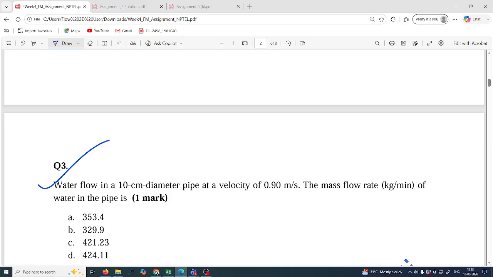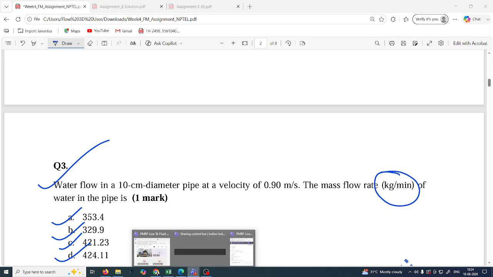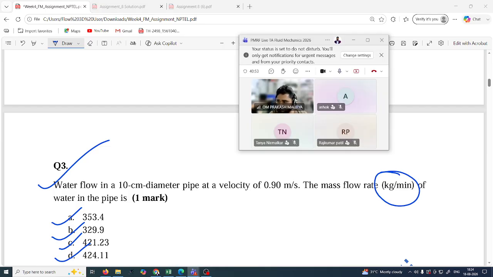The mass flow rate of water in the pipe, remember you need to calculate in kg per minute, is: option A 353.4, option B 329.9, option C 421.23, option D 424.11. So here you need to calculate the mass flow rate in kg per minute. You have to be very careful during calculation. Remember the kg per minute.